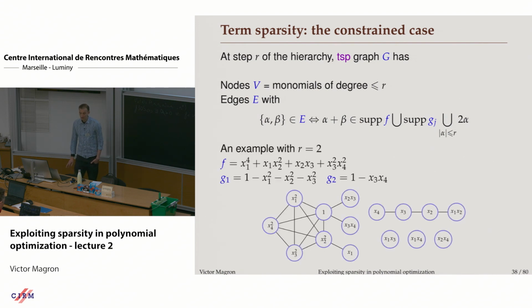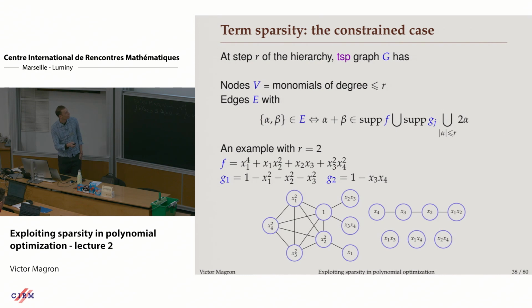So it starts quickly to be complicated. I will show you some graph examples, but it might be hard to see why it works immediately. Here, this is an optimization problem with 2 constraints, and the term sparsity pattern graph looks like that.